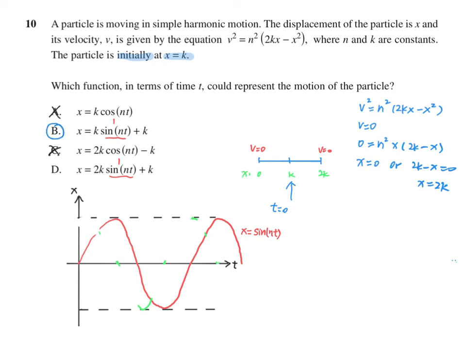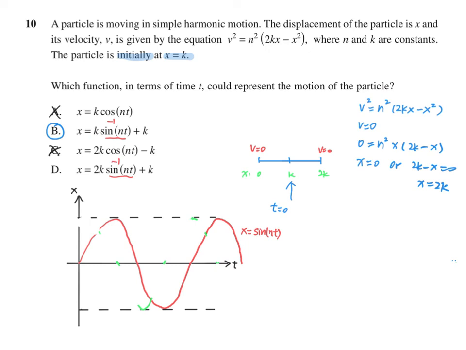But we can still double check it with the other end. When displacement equals 2k, it refers to the equation in option B. How about when the displacement is at the origin? It means the particle is here when sine equals -1.